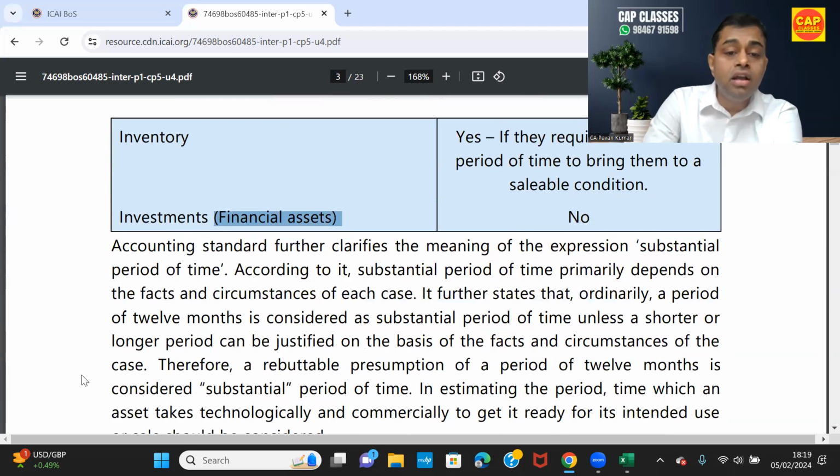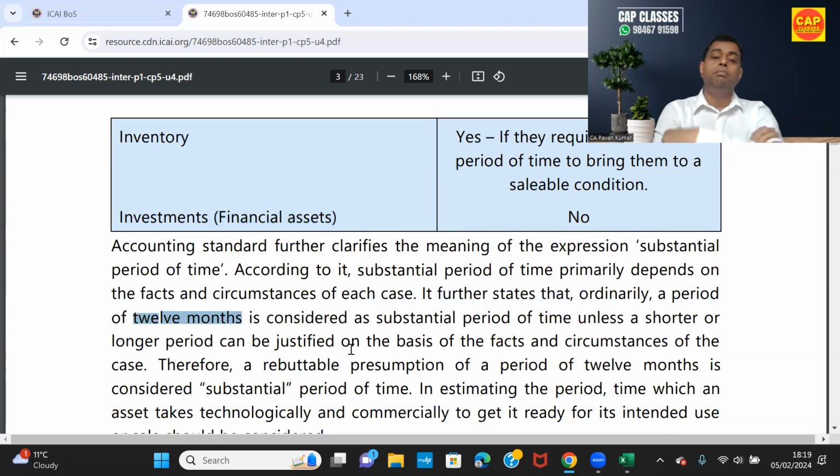Now, they are saying substantial period is ordinarily 12 months. It can be less or it can be more also, but in general, it is 12 months. In 1-2 problems, you see ICAI calculated interest and capitalized, but the asset is ready to use within 9 months.